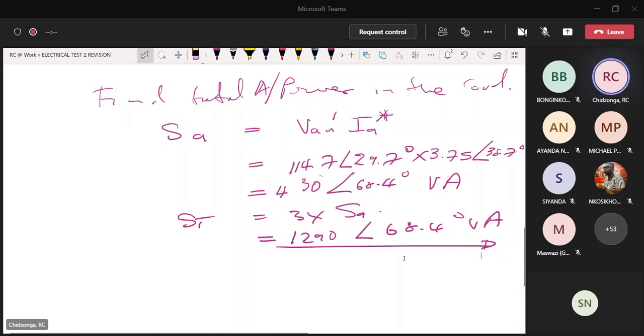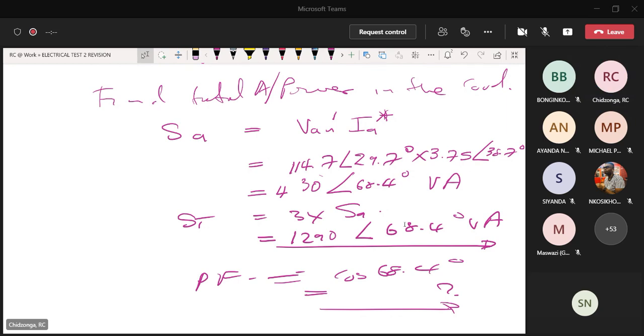If I want the power factor, I can just say it equals cos 68.4 degrees, and whatever that number is, that's your power factor. So that is how you solve these three-phase equations.